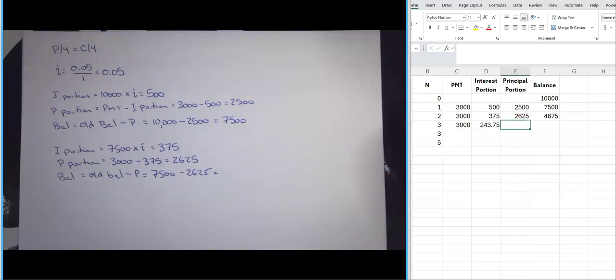So that's $2,756.25. And we can take that off of the old balance. So we subtract that from the $4,875, we're left with $2,118.75.